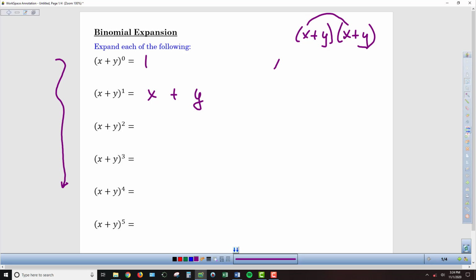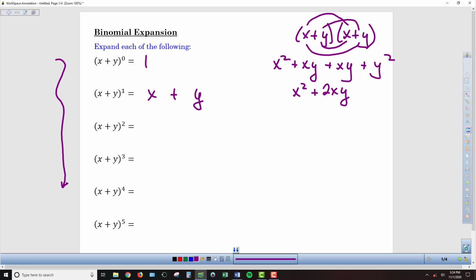So I get x times x, which is x squared. Then my outer and inner terms are two of the same thing. I get an xy for the outer term. I get a yx or an xy for the inner term. And then finally I have y times y, which is y squared. So if I gather my like terms, I'm going to get x squared plus xy makes 2xy.